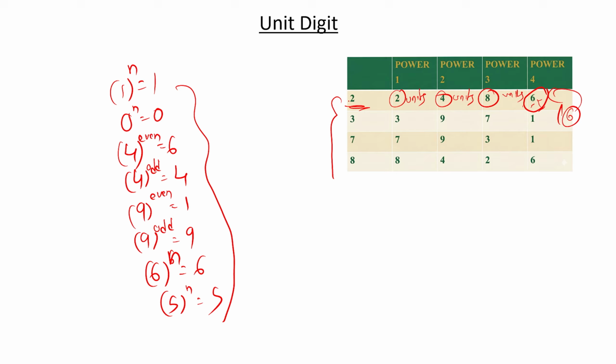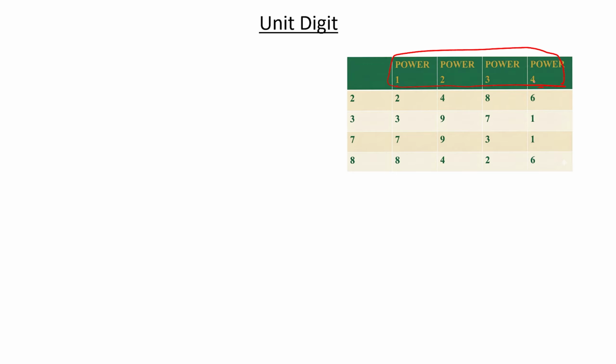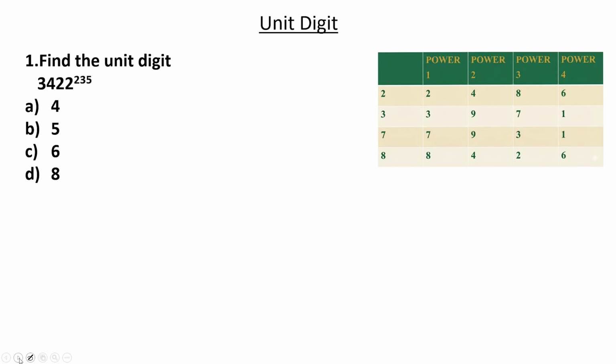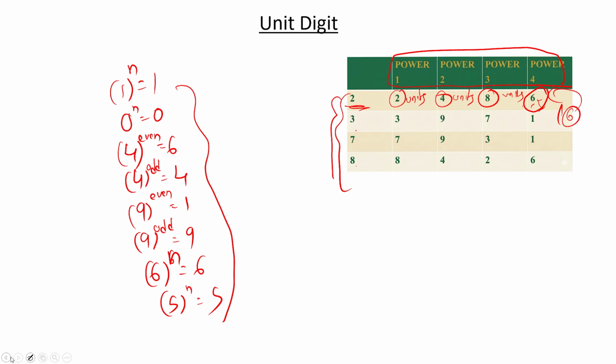I wrote down the unit powers of 2, 3, 7, 8 up to 4. You understand, right? So here I wrote it up to 4. But let me just check, something's wrong here.